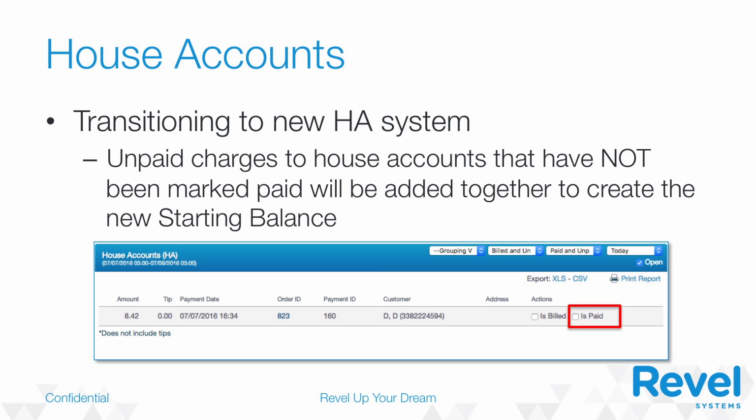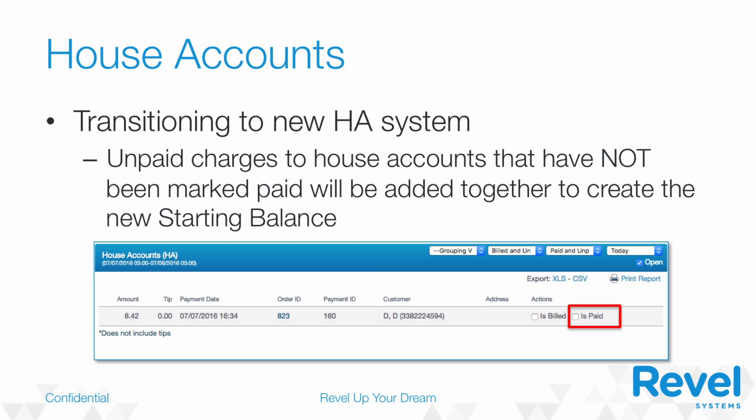One question that might come up for those of you already using house accounts is how will my starting balance be calculated when transitioning to the new system? One thing we want to recommend here is to clean up your house account data ahead of time by checking the is paid box. What you see here on your screen is the is paid box that I've highlighted.